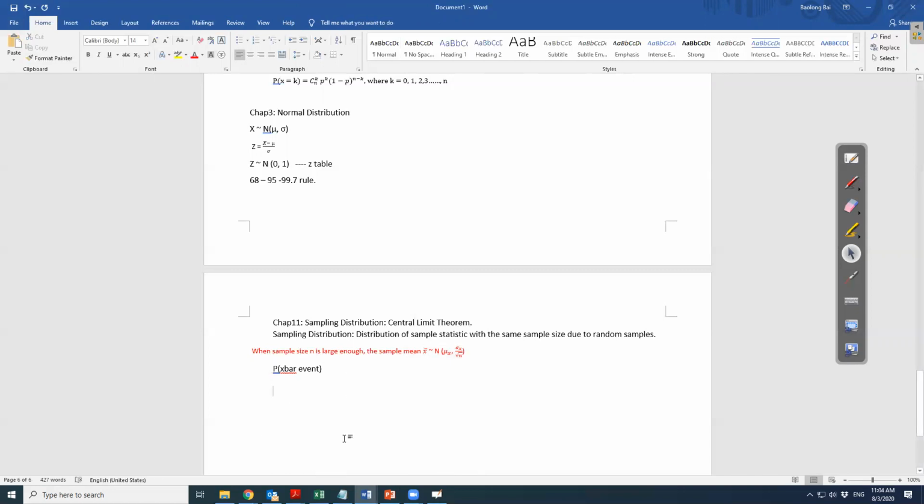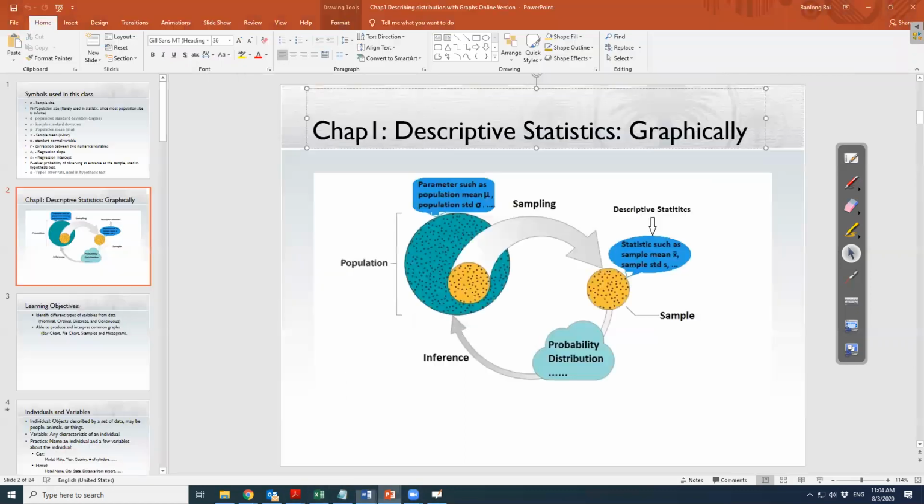Now we are done with all the probability and theory part. So we go back to the population inferences. How do I make inferences? This is the last piece of the puzzle now.